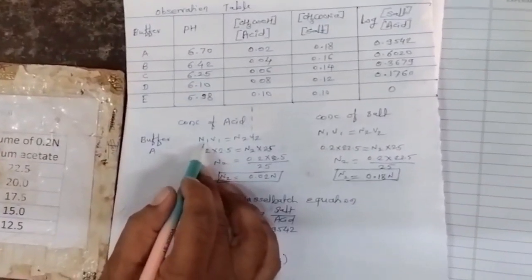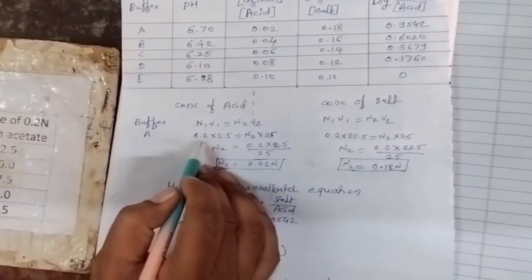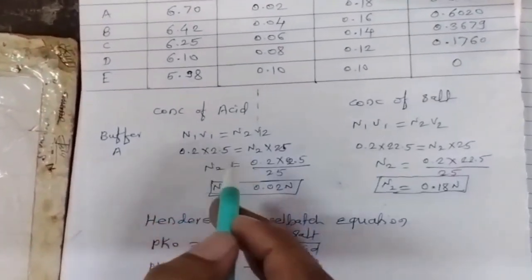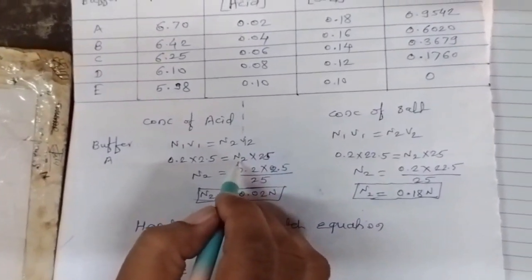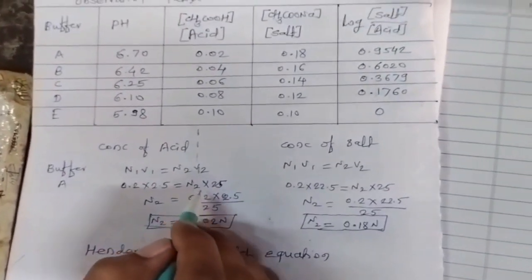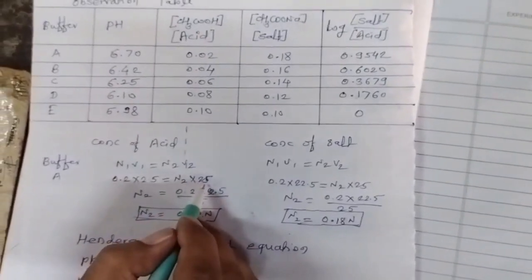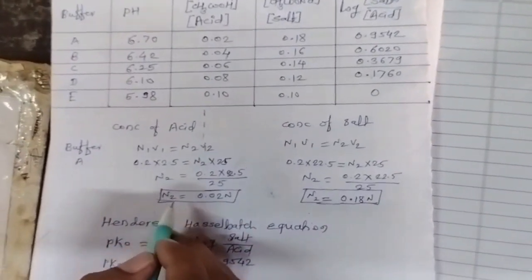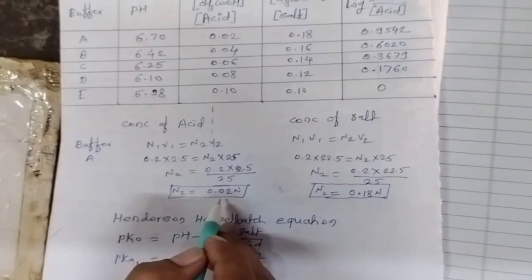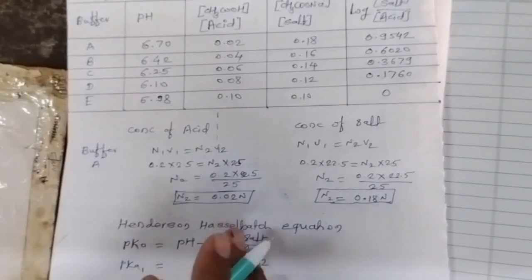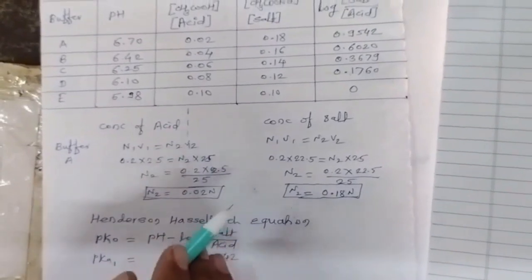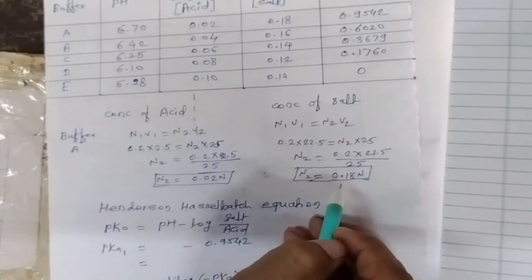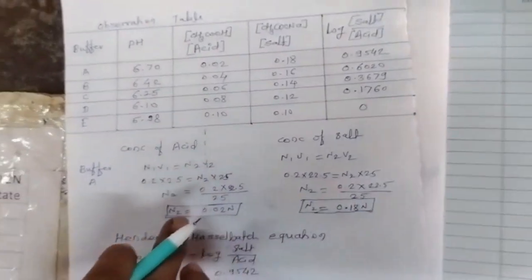The initial concentration of this acid is 0.2 normal, and the volume taken for preparation of buffer A is 2.5 ml, and N2 is the normality of this acid in the mixture of buffer A, and the volume of the mixture is 25 ml. So the concentration of this acid in buffer A is found to be 0.02 normal. Similarly, the concentration of salt in buffer A is calculated and comes out to be 0.18 normal. This is for buffer A.